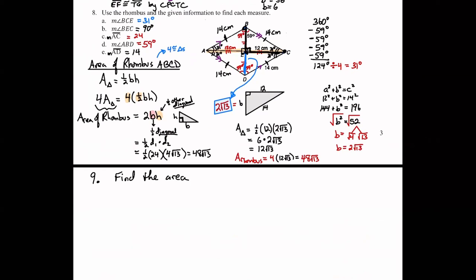So find the area of the rectangle. I'll say quadrilateral. And let's make it a rectangle ABCD.